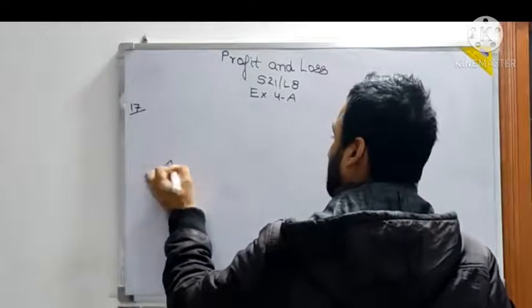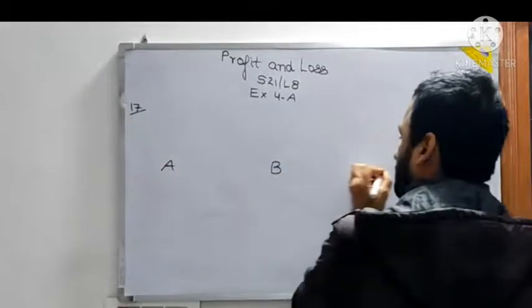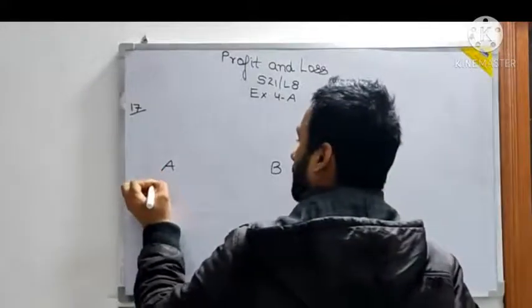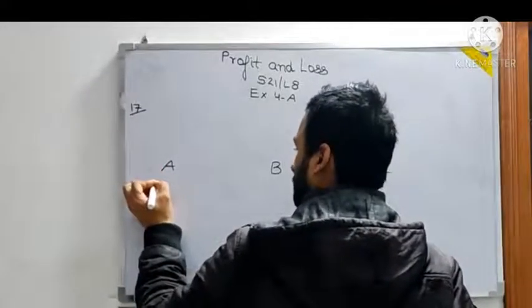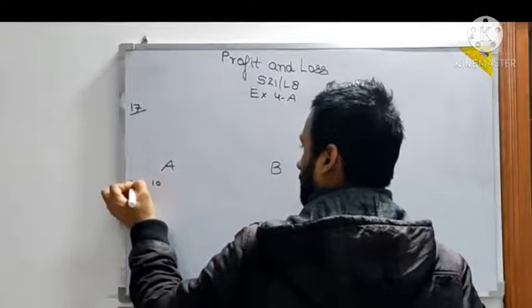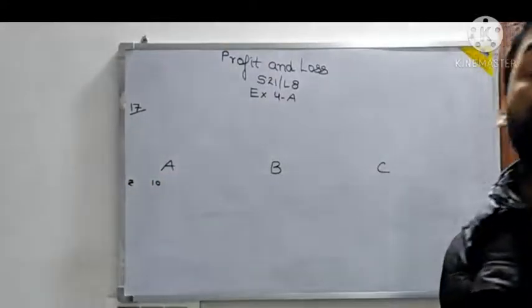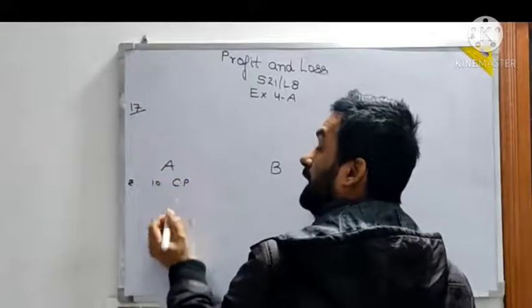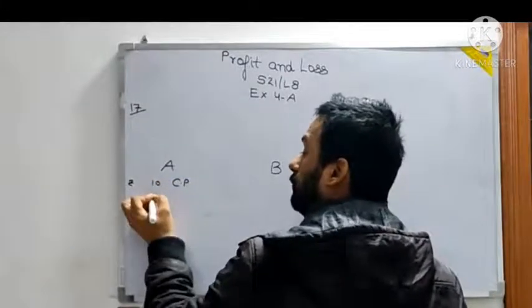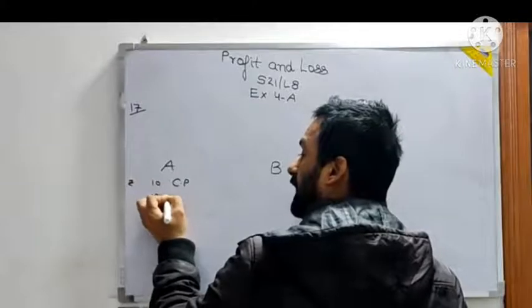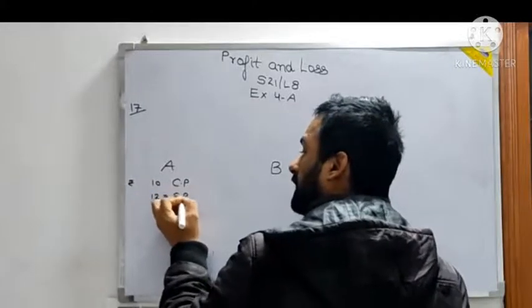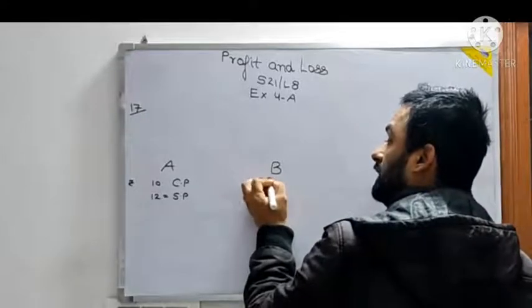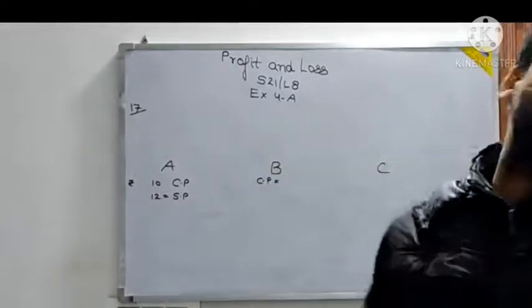Understand the thing for this question. Suppose one is A, one is B, and the other is C. Don't write anything, just see it. A bought something at rupees 10, so that 10 rupees is the CP for A. If he sells that at 12 rupees to B, that becomes the selling price for A. Now, if B consumes it, that is a different case.